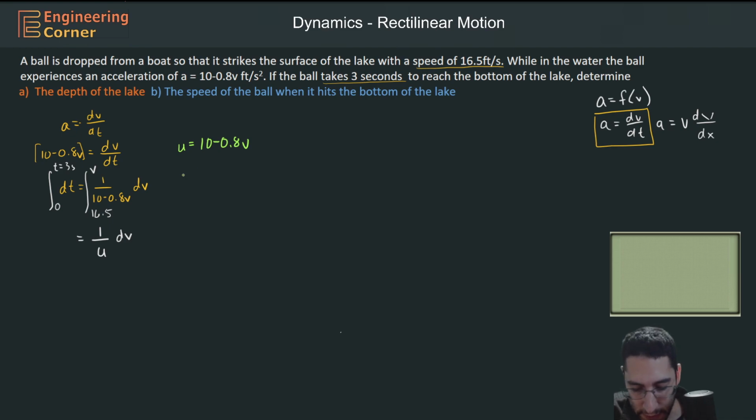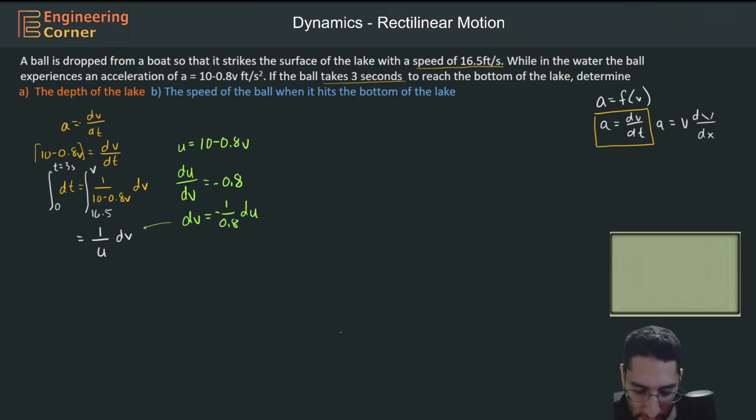So with u substitution, du with respect to v is going to be, well, this just becomes minus 0.8. Now, we need to substitute in this dv right here. So if we solve for dv, we're going to get that dv is minus 1 over 0.8 times du.